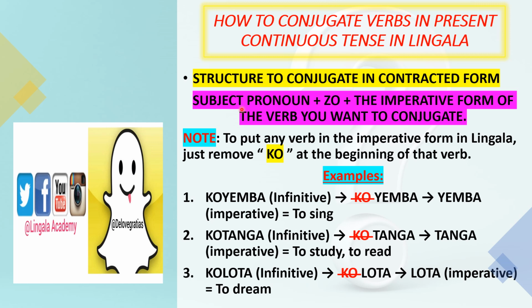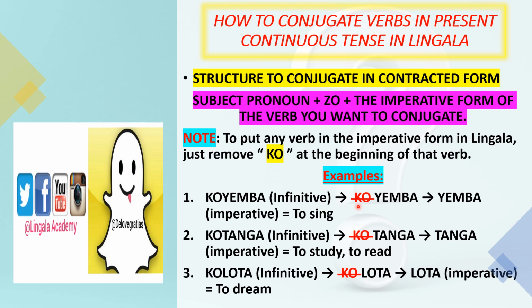Note that to put any verb in the imperative form in Lingala, you just need to remove ko at the beginning of that verb. Examples. For the verb koyemba, koyemba is in the infinitive form. Koyemba means to sing.